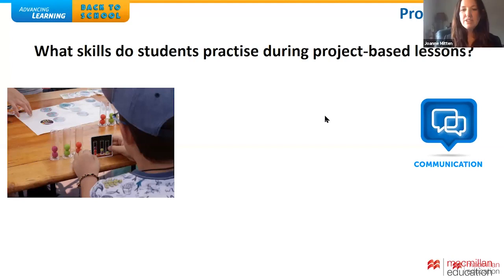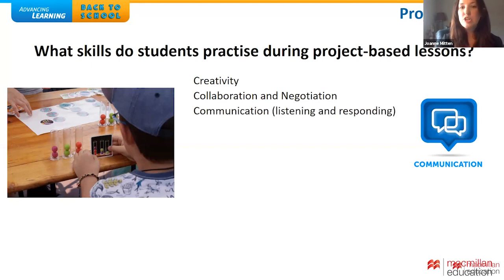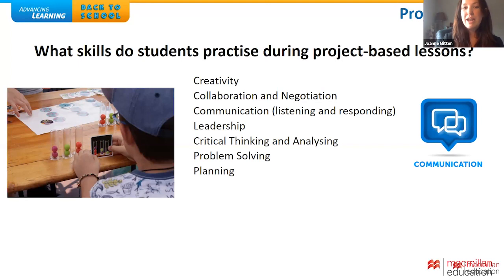Okay, so let's have a look. What sort of skills do they use? So we know that creativity is top of the list. Collaboration, but also negotiation, being able to negotiate with their group without fighting, without falling out, and coming to solutions and conclusions. Communication, leadership, critical thinking and analyzing, problem solving, planning, and planning is really important.